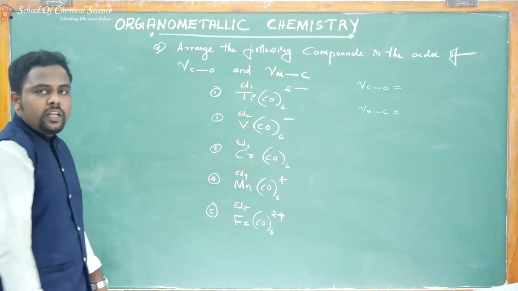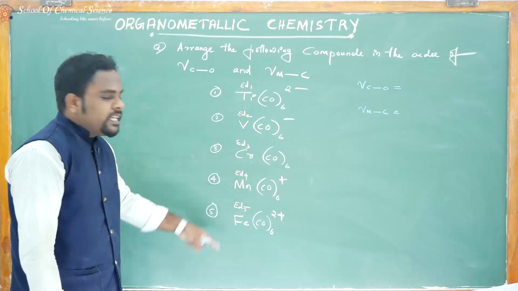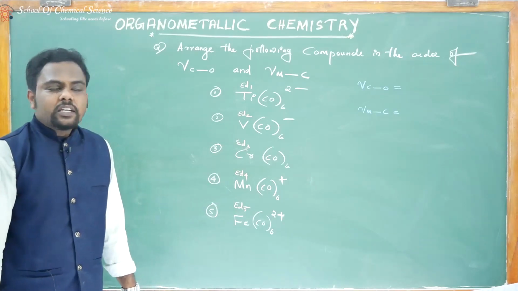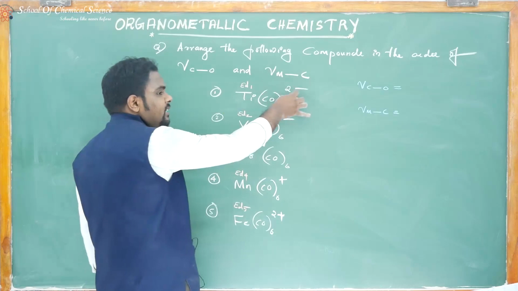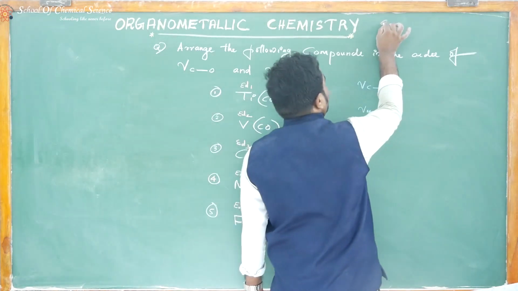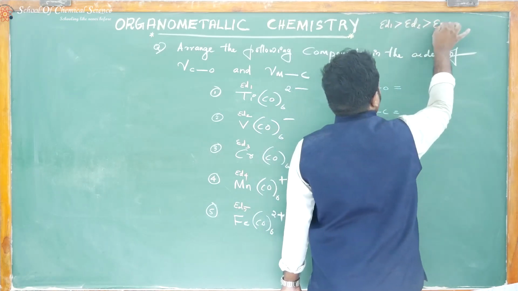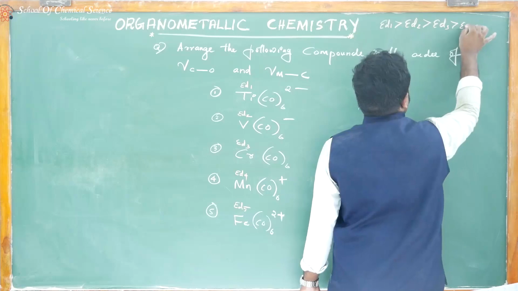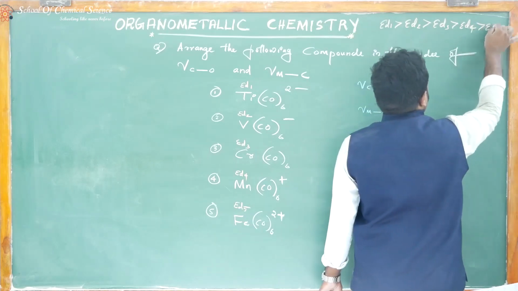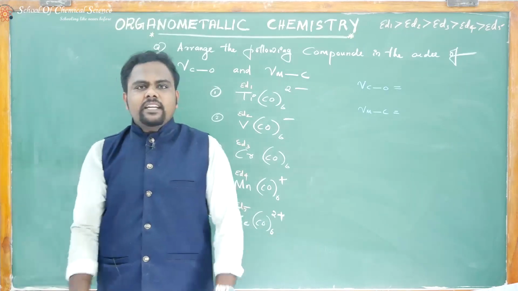What is the order of electron density? Definitely higher the negative charge, higher is the electron density. So electron density 1 greater than 2 greater than 3 greater than 4 greater than 5.